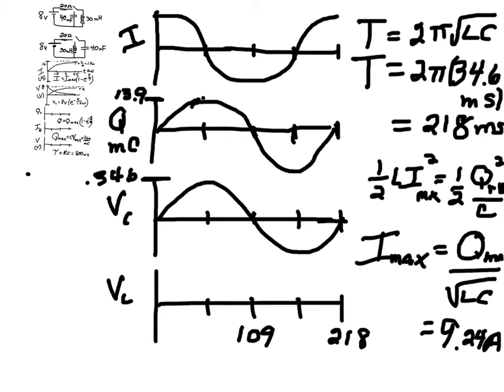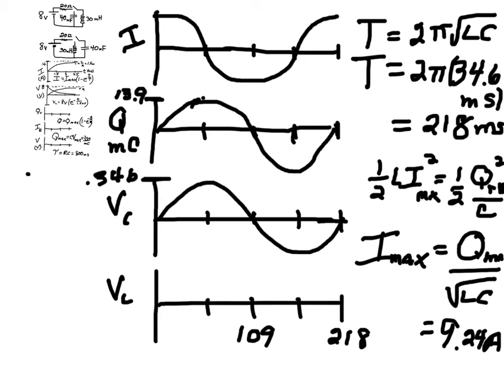And now the voltage on the inductor, remember it's not related to the current, it's related to the change in current. And to get the voltage on the inductor, we use Kirchhoff's law, as we often do. It has to be equal and opposite to the voltage on the capacitor, since in this circuit there's only those two elements.